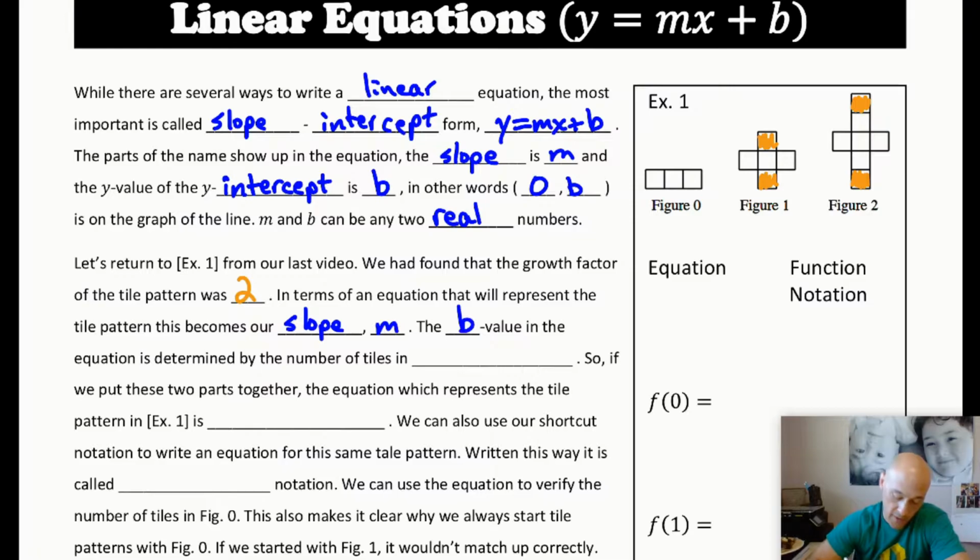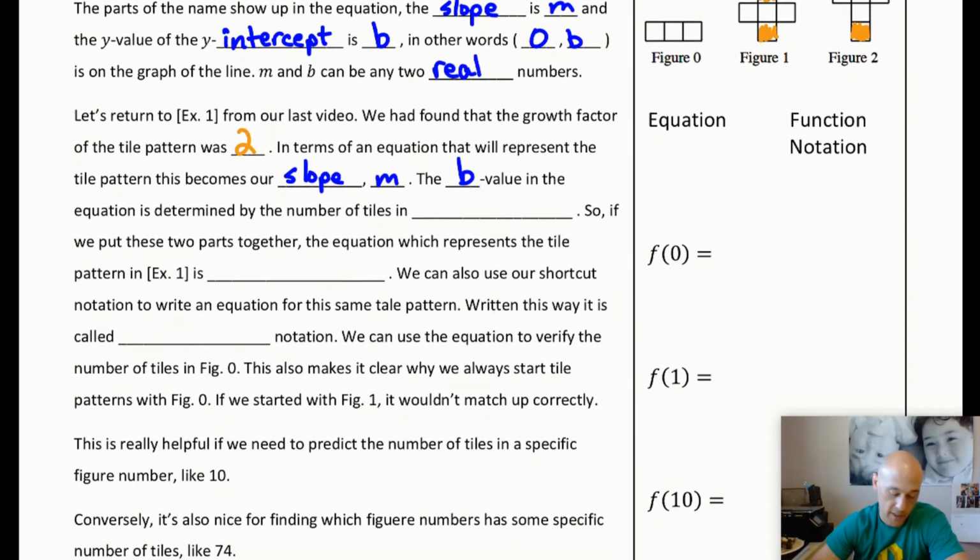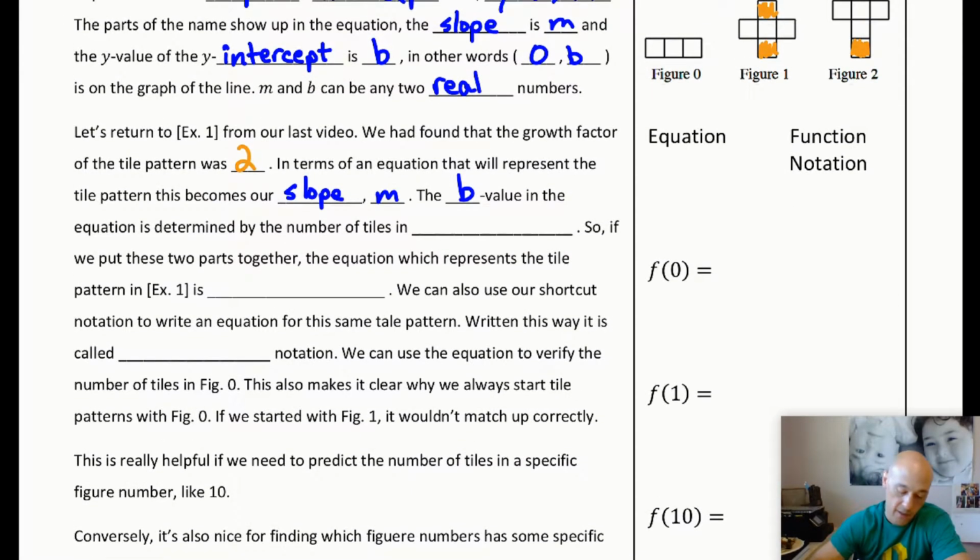The b value in the equation is determined by the number of tiles in figure 0. So if we put these two parts together, the equation which represents the tile pattern in example 1 is y equals, and I didn't point out that the number of tiles in figure 0 is 3 there.